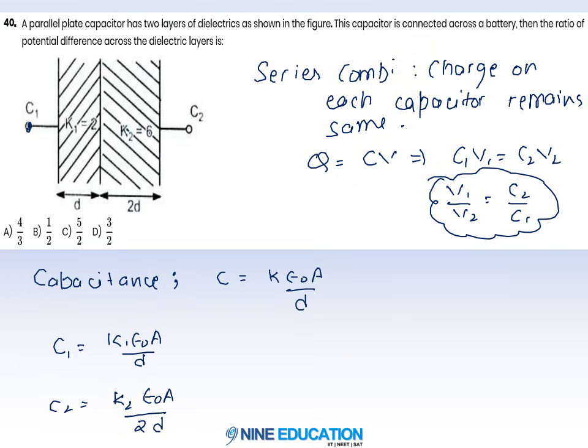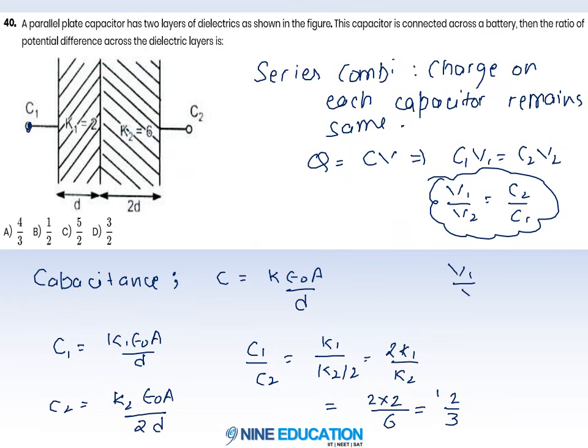So from here C1 upon C2 will be K1 upon K2 by 2, or 2 K1 upon K2. The value of K1 is 2, and the value of K2 is 6. So C1 upon C2 we are getting 2 by 3. So V1 upon V2 is C2 upon C1, which becomes 3 by 2. So from here we can say option D is correct.